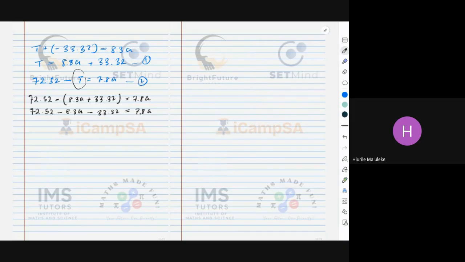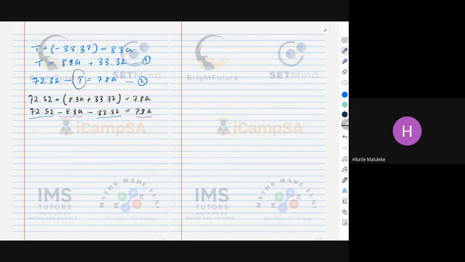So here you would have something like this here with this. Then you have this here with this. Okay. So that means we can have 72.52 minus 33.32.